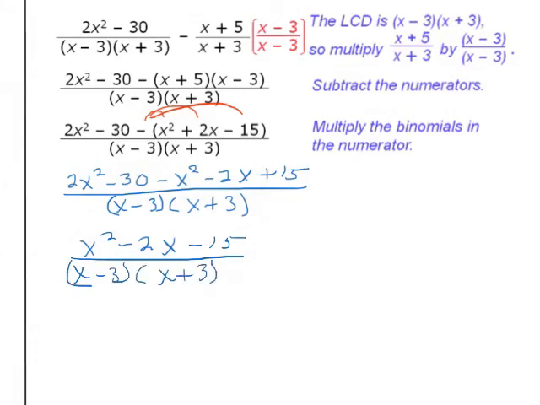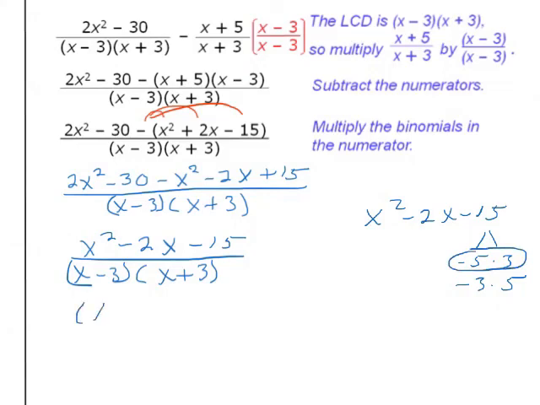Am I done? Well, I don't think so. Might be, but I don't know. If we look right here, I can factor this. So let's go ahead and factor that. We have x squared minus 2x minus 15. And if you are getting good enough just to see it and write it down, do it. If not, go ahead and do like what I'm showing here. So let's see, I see negative 5 times 3, negative 3 times 5, and then negative 1 and 15 and so on. But it looks like this one is going to be it right there.